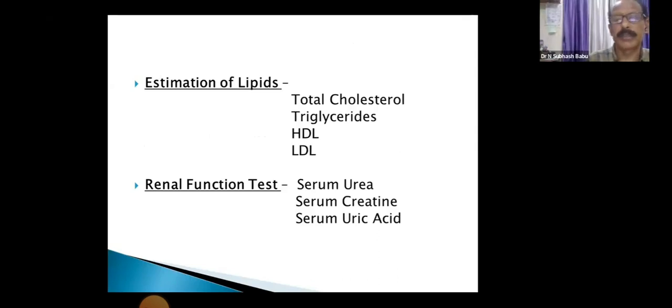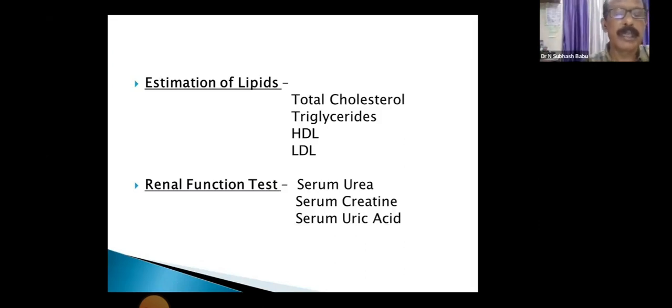Triglycerides should be below 150, better below 120. Then HDL should be above 45, and LDL should be below 100. That is the normal range of the estimation of lipids that can be done in fasting. So while writing the estimation of these lipids, you can write it as fasting lipid profile.